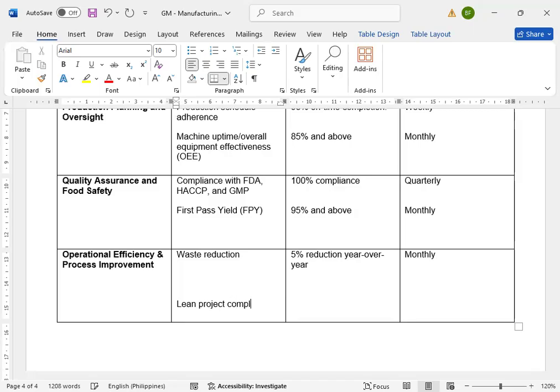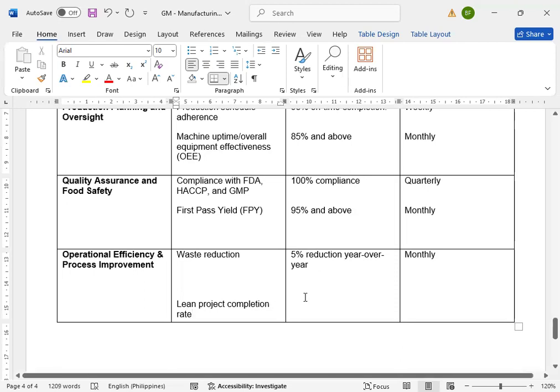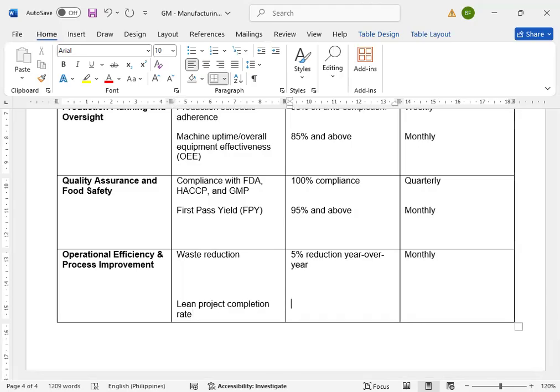Completion rate. Okay. So what do we expect from this? I think it would be 90%. I think that would be fair enough.